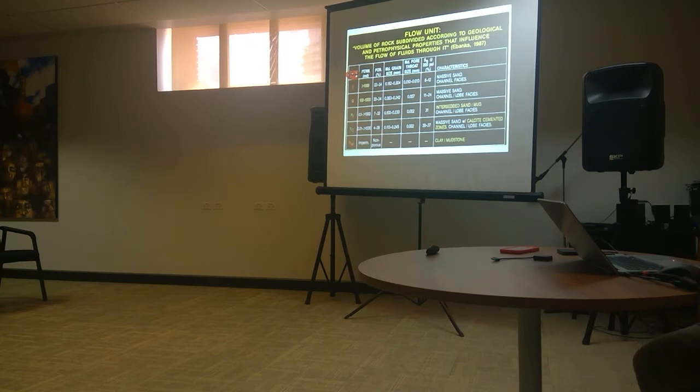A flow unit being, as shown here, a volume of rock subdivided according to geological and petrophysical properties that influence the flow of fluids through it. So if you have 2 different rocks with different properties, there are going to be 2 different flow units. And I recognized 5 flow units from my core description.